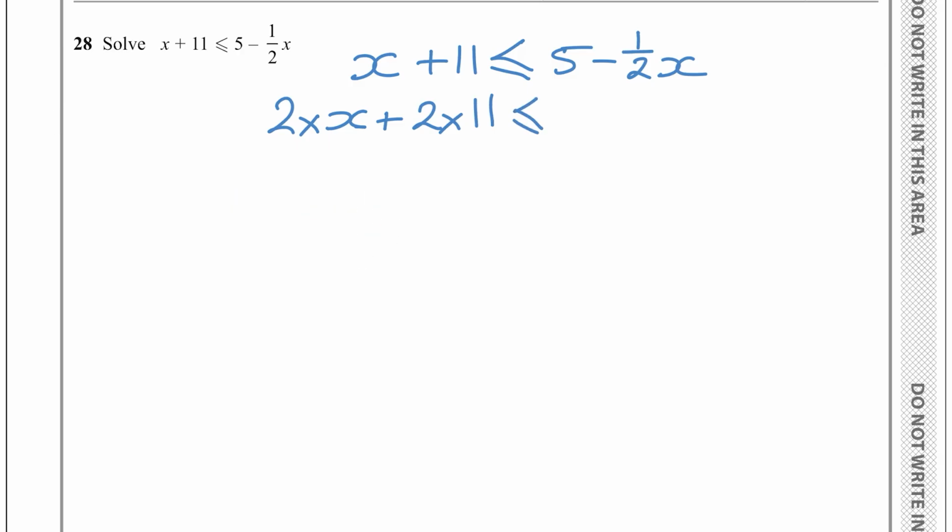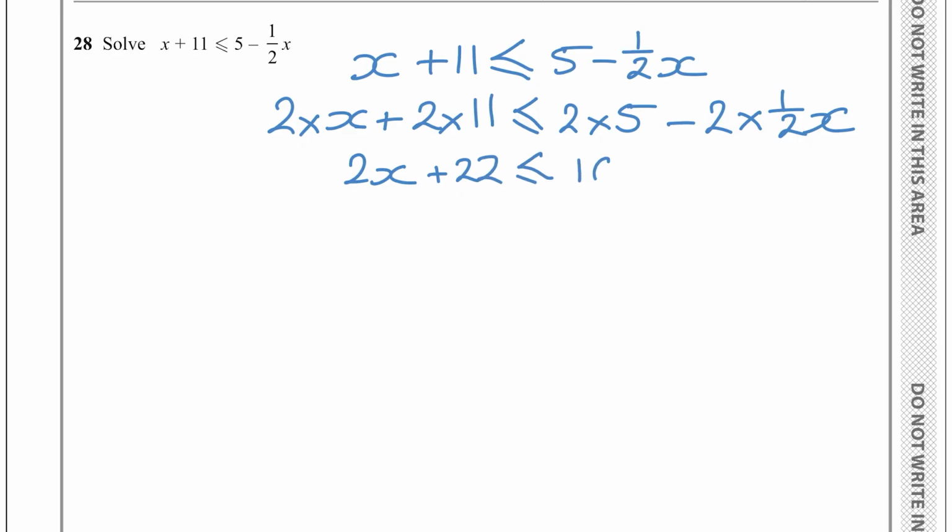And then the other side, same thing. You've got 2 multiplied by 5, and then you've got minus 2 multiplied by a half x. That will give us 2x plus 22. And 2 times 5 is 10.